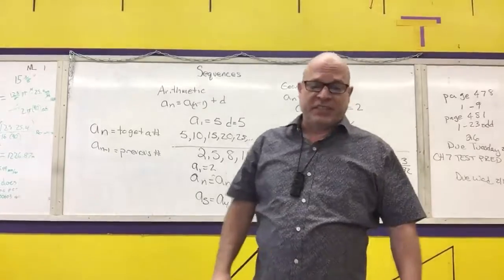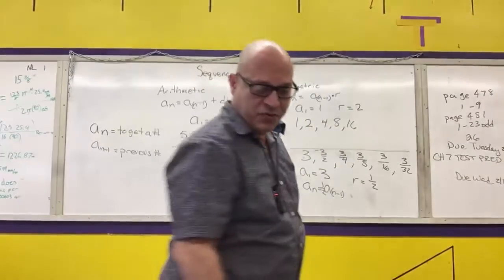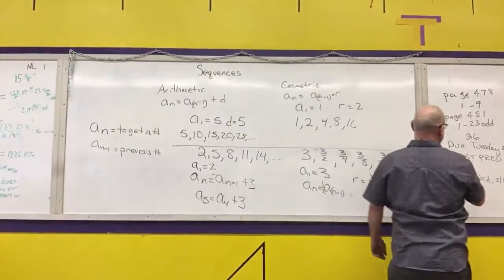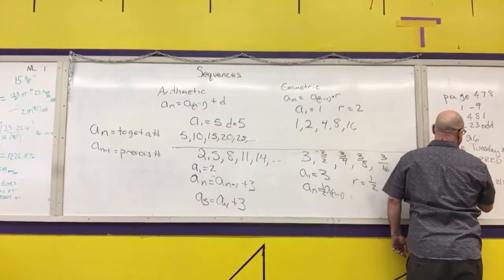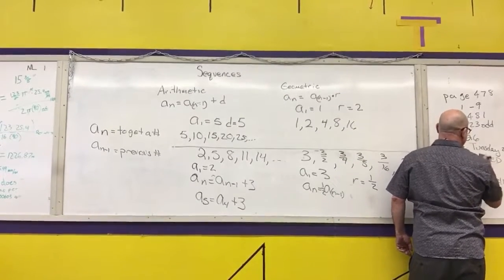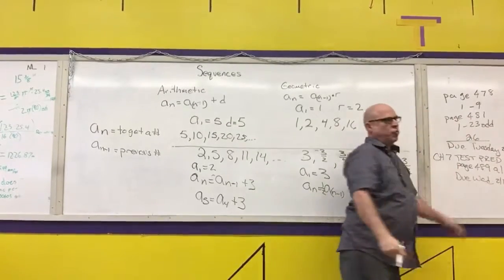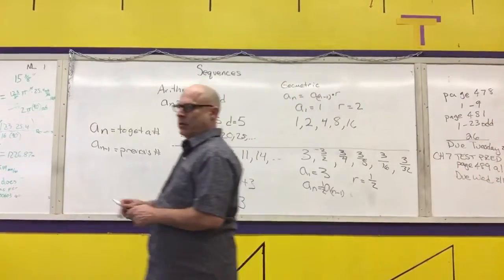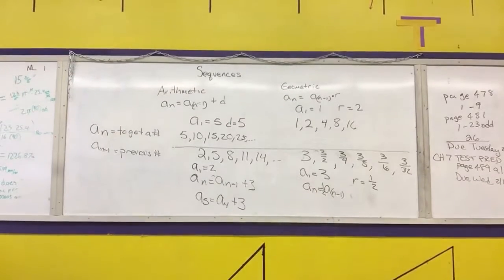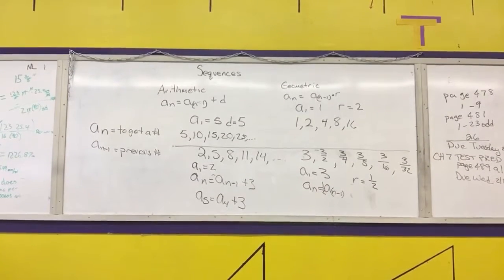Your Chapter 7 test prep is page 489, all. Wait, what is that 26? It's a 26. That is due Wednesday, the Chapter 7 test prep. You have a test on Wednesday.